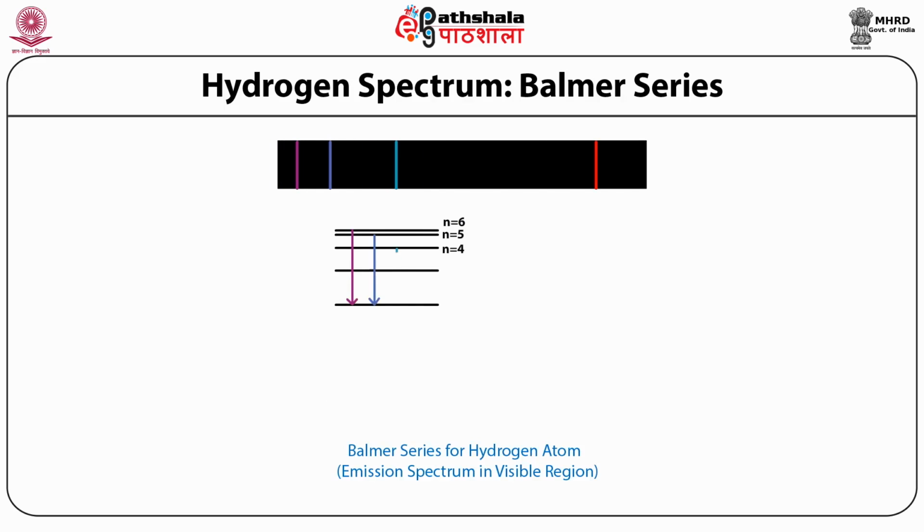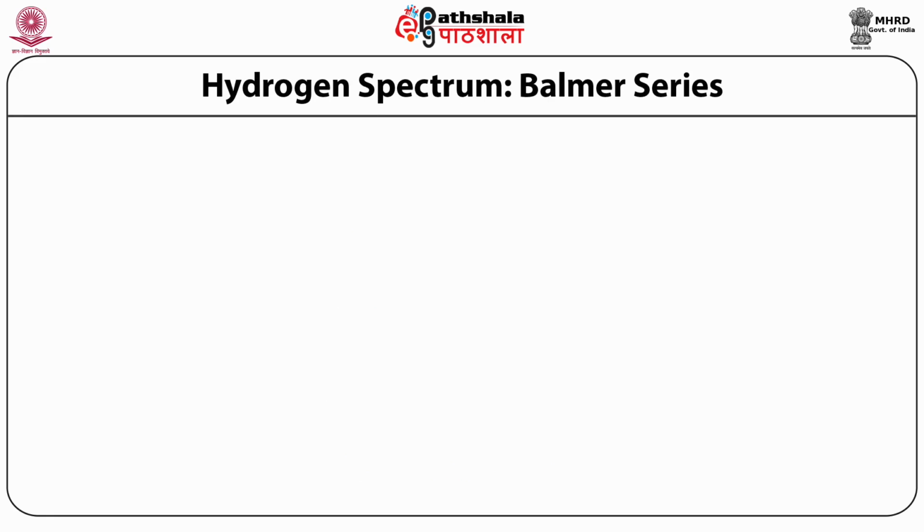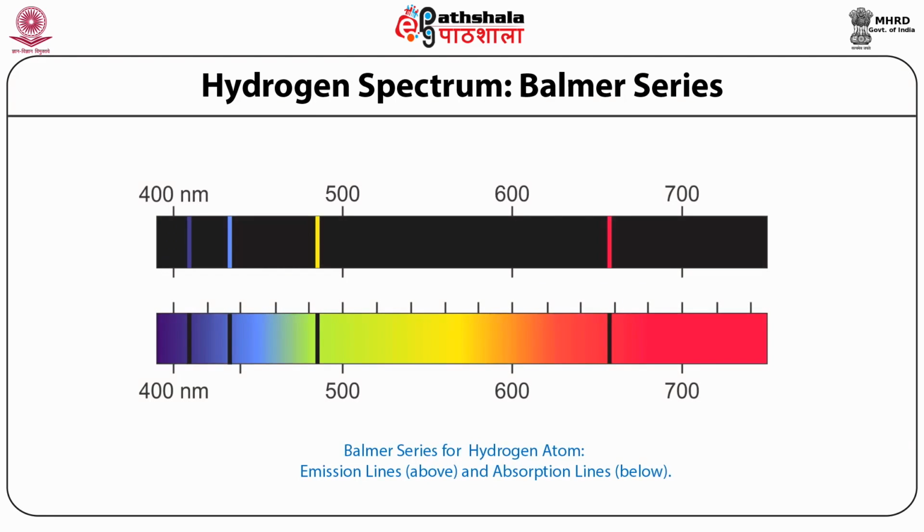The corresponding transitions or electron jumps are shown below the spectrum. Now on the screen you can see the same picture, the emission lines of the hydrogen spectrum in the Balmer series.